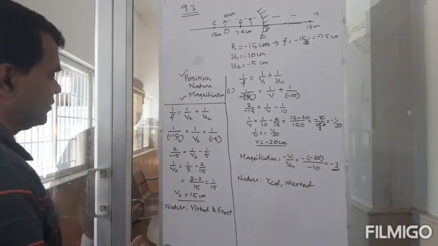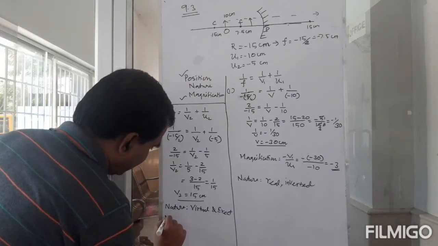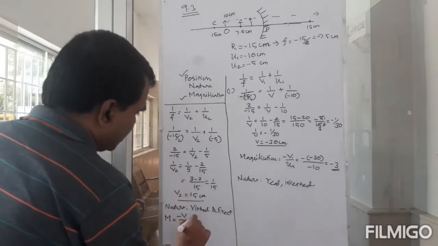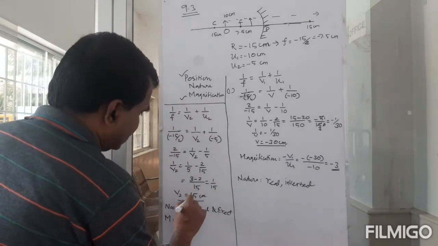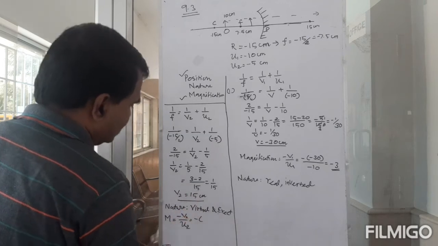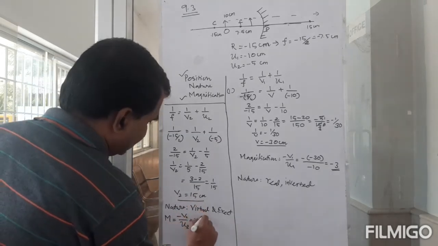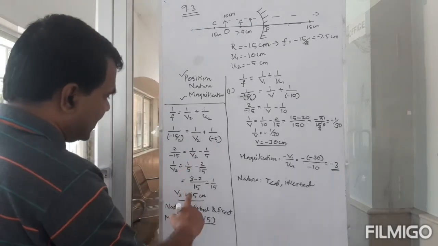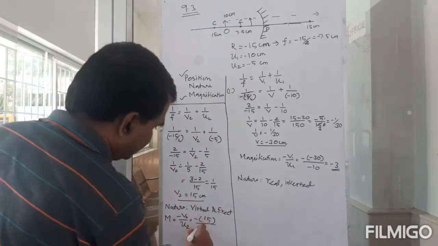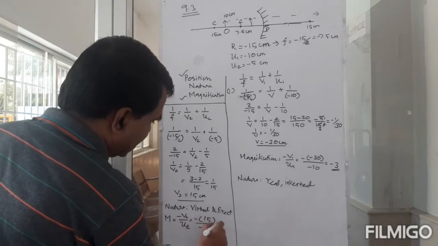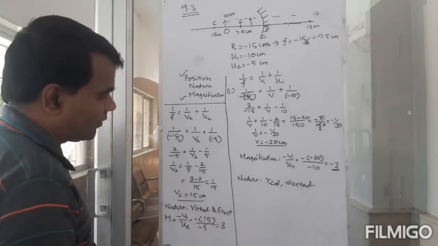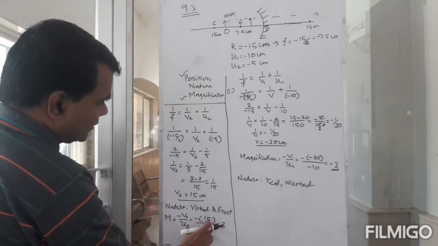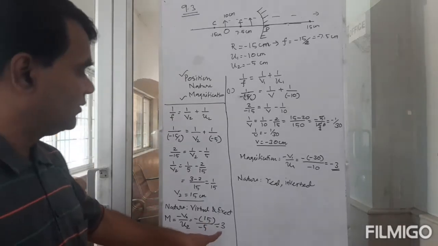What is the magnification? So magnification would be m equals minus v by u with the sign. So minus, what's your v? Now it's v2, u2. So v is plus 15, divided by u2 which is minus 5. So minus 15 by minus 5, I'm going to get 3. Okay, positive 3. So what does it mean? I'm getting a positive 3.